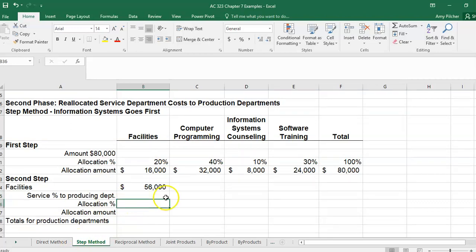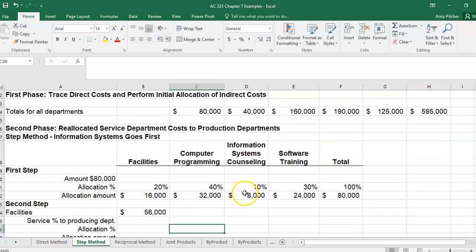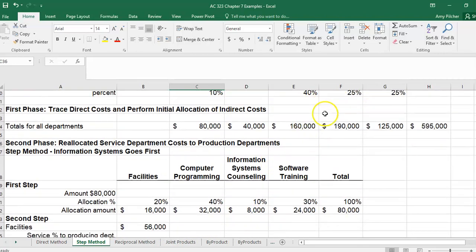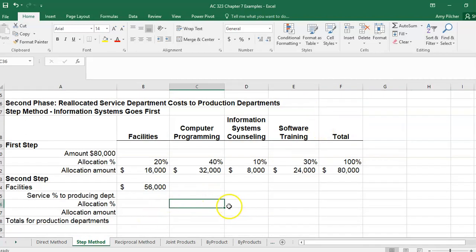We do our percentage amount, and this is just like the direct method. So now we have percentage usage of each department. Let's format those to be percentages. So 40, 25, and 25.